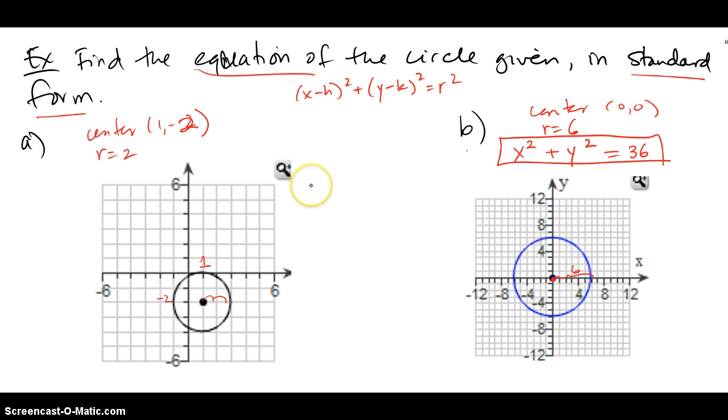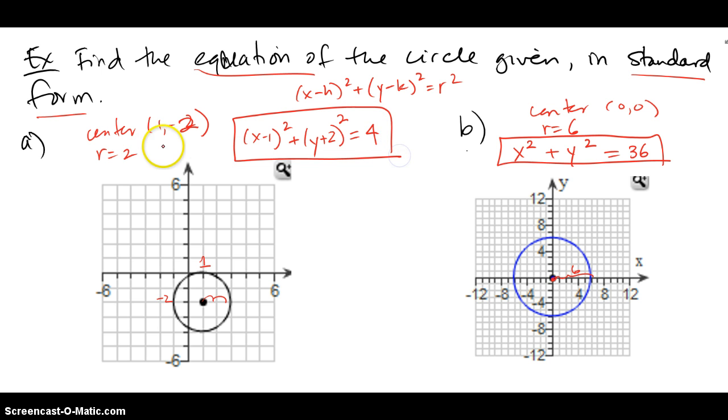So our equation must be (x minus 1) squared plus (y, the opposite of that, plus 2) squared equals r squared, which is 4. So we plugged the 1 and the negative 2 into the h, k. The double negatives here made it a positive 2. And our radius is 2 steps, so that's going to give me 2 squared, which is 4.